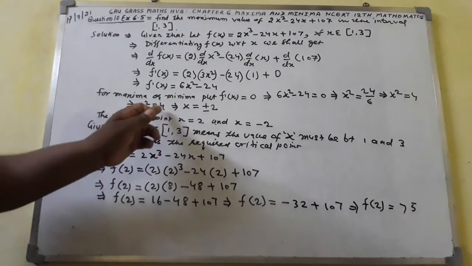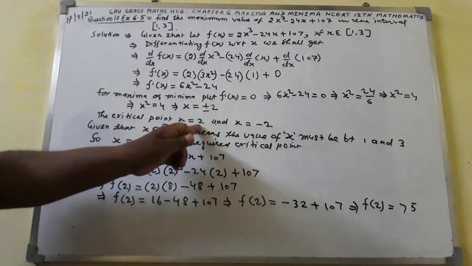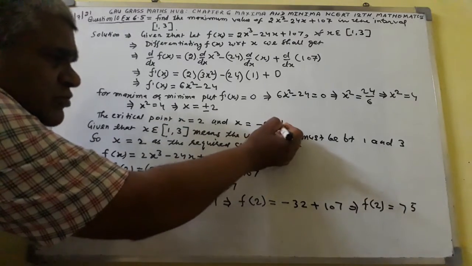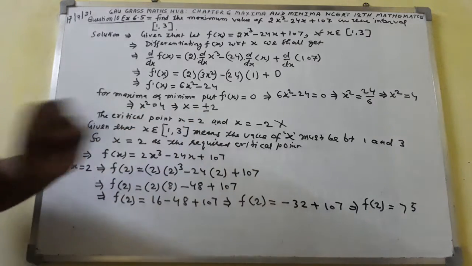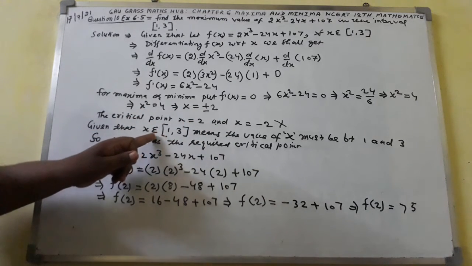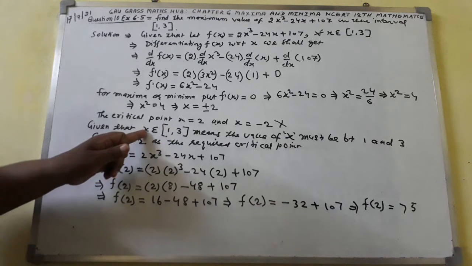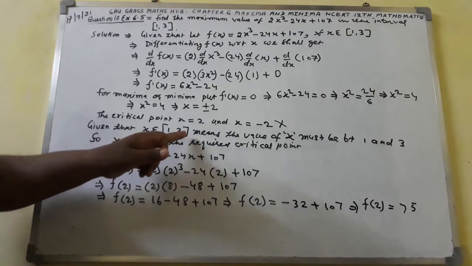So from this statement we have got plus 2, and x equal to plus 2 is okay. But here you can see x equal to 1. x belongs to the closed interval 1 comma 3.